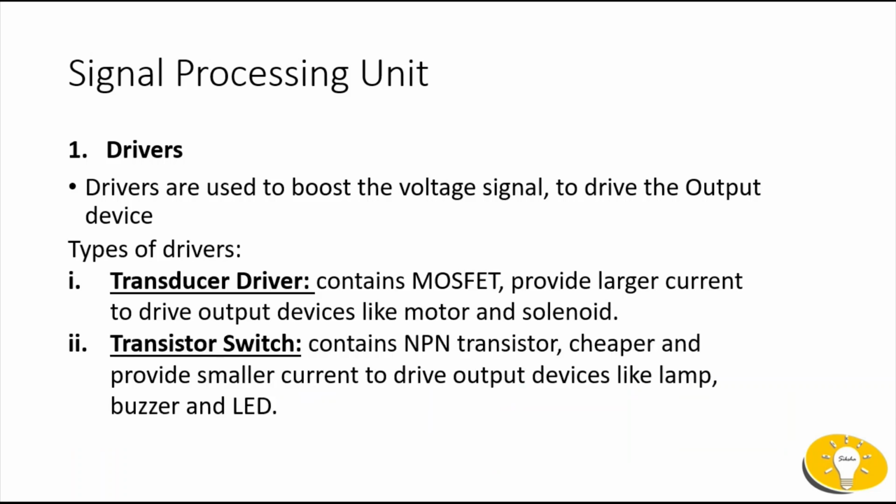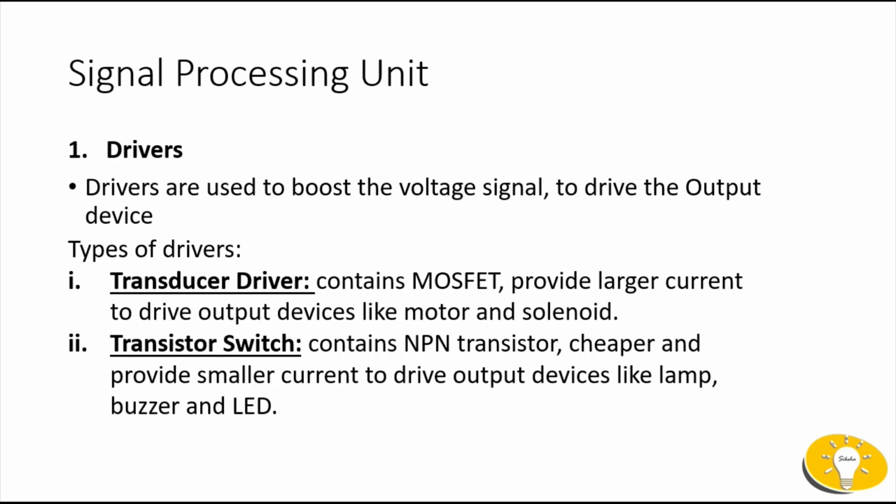There are two types of drives you will need to know. The first one is transducer drives, which contain a component called a MOSFET. They are generally used to provide large power. That is, they provide larger voltage and current to drive the output device like a motor and solenoid.